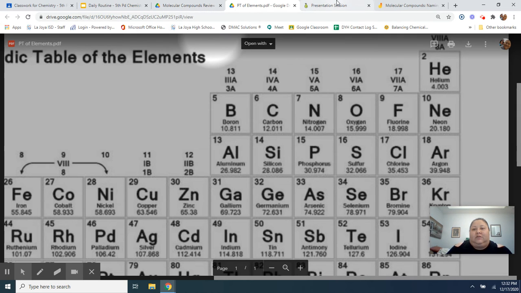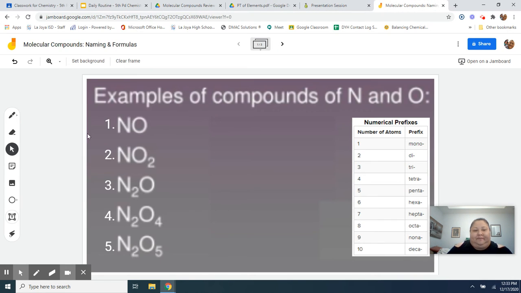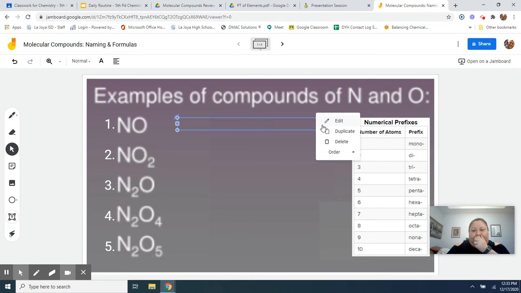All right. So when I type it up here, number 1, I'm going to start off by just writing the name of the first element, not changing it. Changing oxygen to oxide, right? Because it ends in IDE.